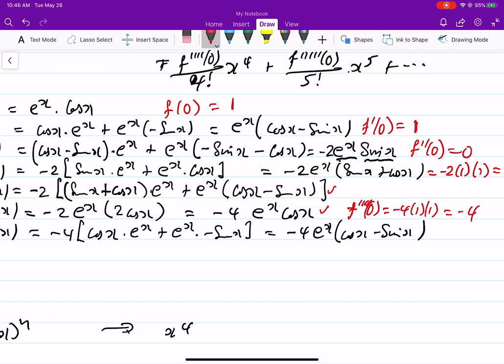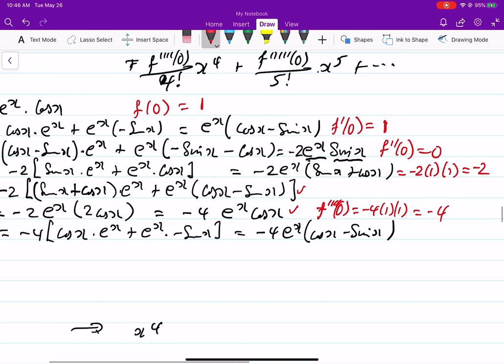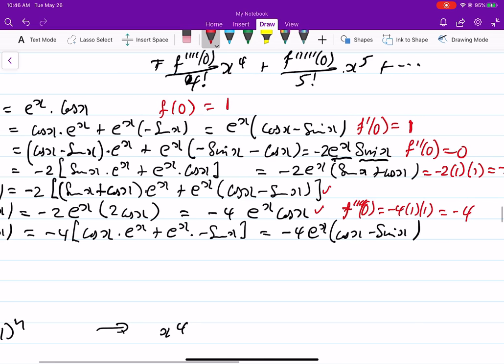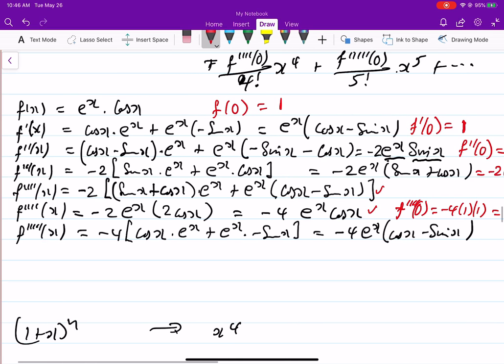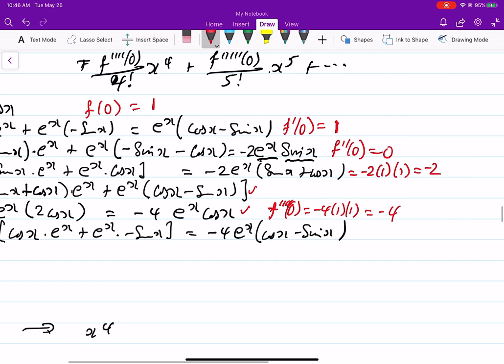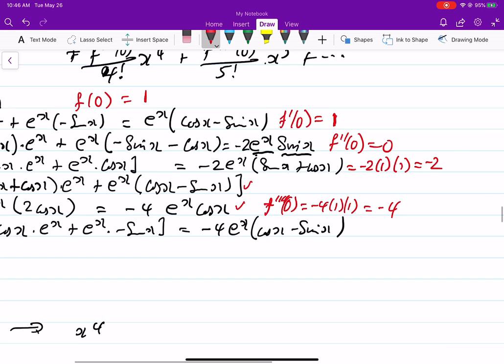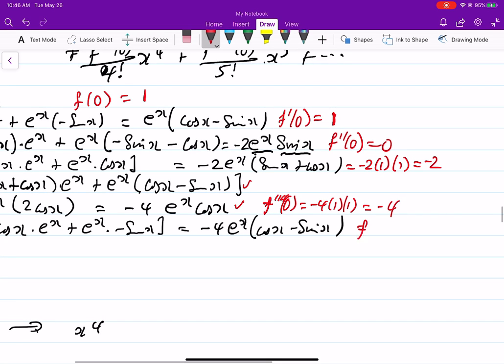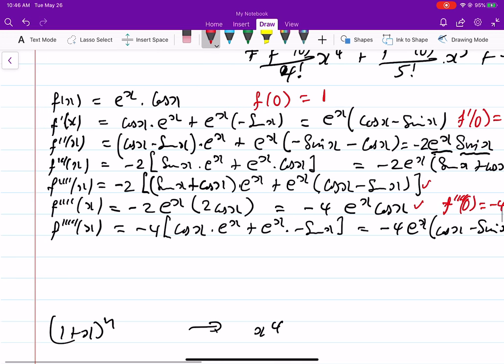And the last one, f5 prime of 0 is minus 4 times 1 again. Wow, minus 4. Anyway, let's see what happens. I think I'm right.